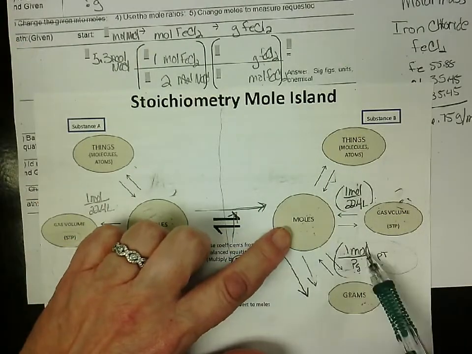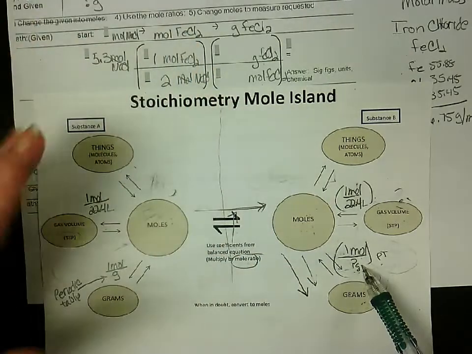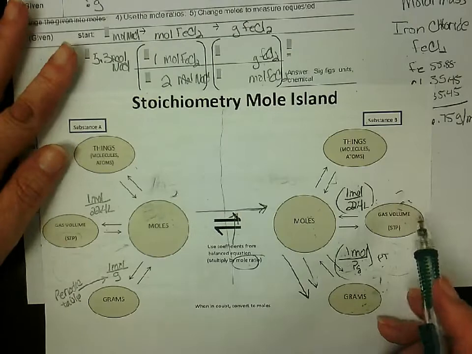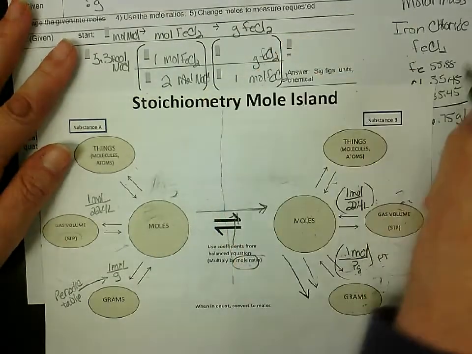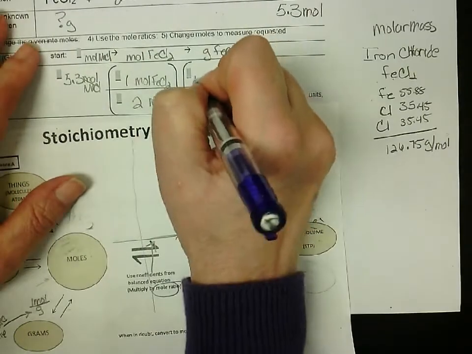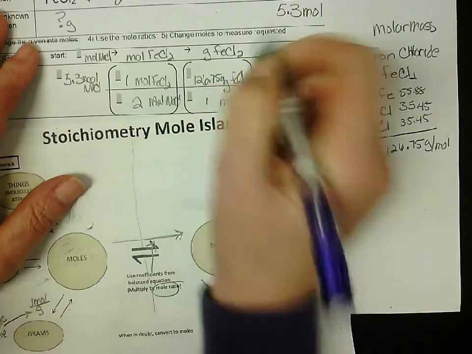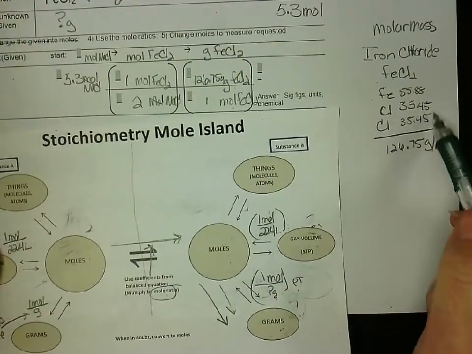It's how many moles per gram. And remember, that's on your one substance mole island, but you can add it right here. So for every 1 mole of iron chloride, I've done the molar mass here, I get 126.75 grams.